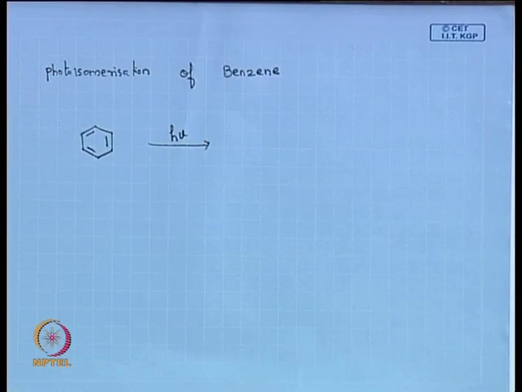Any idea what benzene gives on photochemistry? You get fulvene. Any other important molecule? Benzvalene, you will get Dewar benzene, prismane. Okay, we'll see how we get those products.